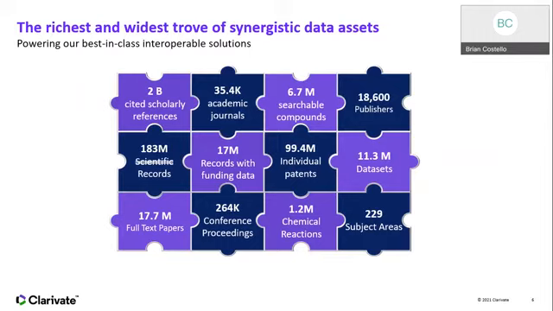Now, what is very unique about Clarivate is that we have a very synergistic set of data sets. When I talk about the various databases on the Web of Science platform that can give you trusted information about the biomedical research landscape, I'm talking about information from academic journals, and not only scientific records.